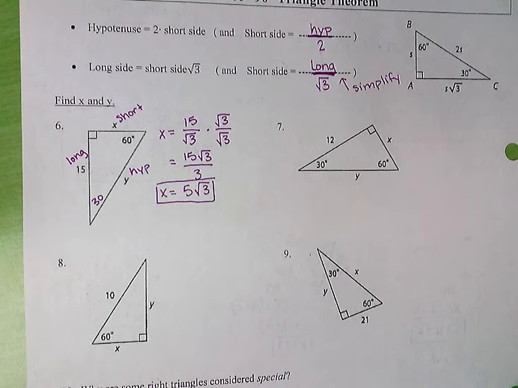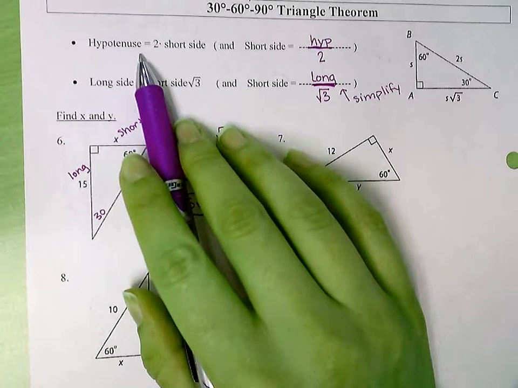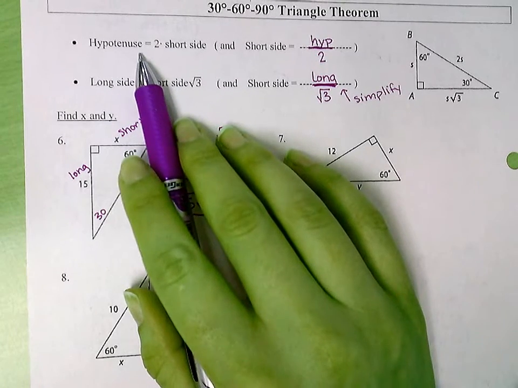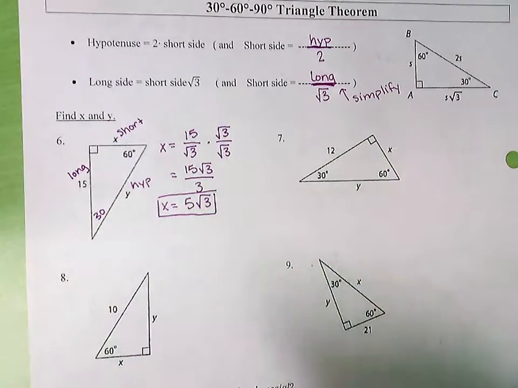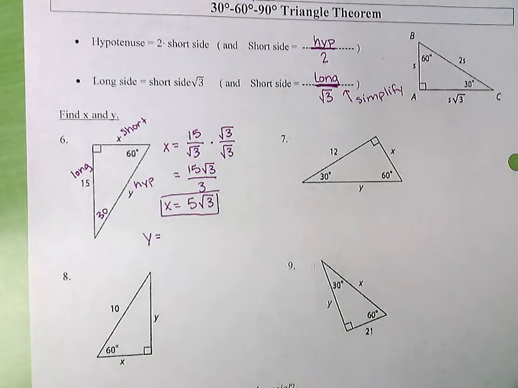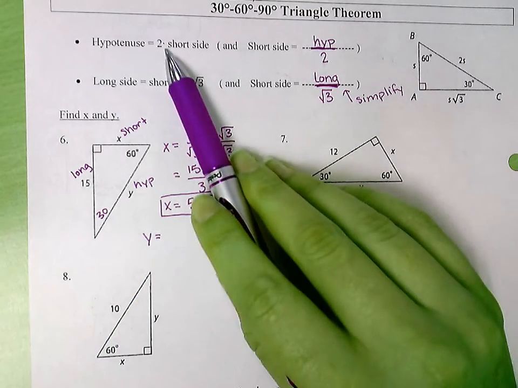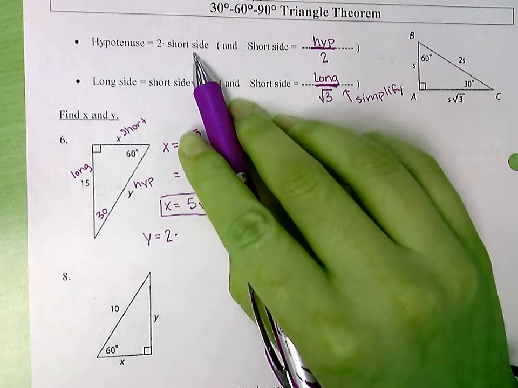Okay, now I want to find y for your hypotenuse, so I'll look to see which one says hypotenuse equals. Okay, and that's this one. And I'll replace what I know. So hypotenuse is y is equal to 2 times the short side.